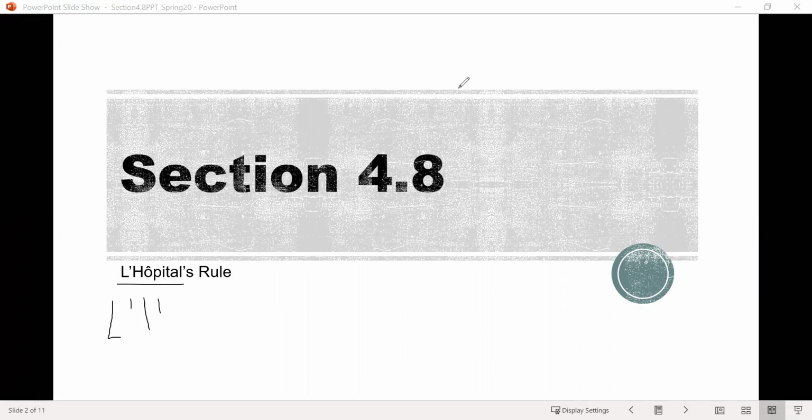Sometimes you see it spelled like this, which I could look up, I suppose, but I can never remember if that's a misspelling or just there's some uncertainty about the spelling. But the point is this, if we read it in English, it looks like "La Hospital," and I promise you right now that is not how this is pronounced. This is not the hospital rule we're learning about. It's called L'Hopital's rule.